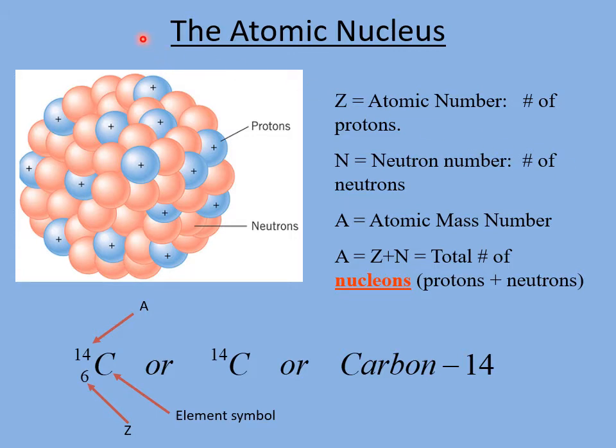If we drill down and look at the atomic nucleus a little closer, there are a couple features here that are going to be useful to us in this part of the lecture. Remember, the nucleus contains protons, which in this picture are shown as the blue spheres with the little positive charges indicating they have positive charge.